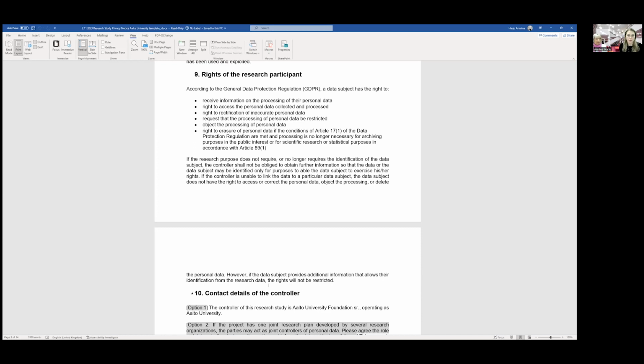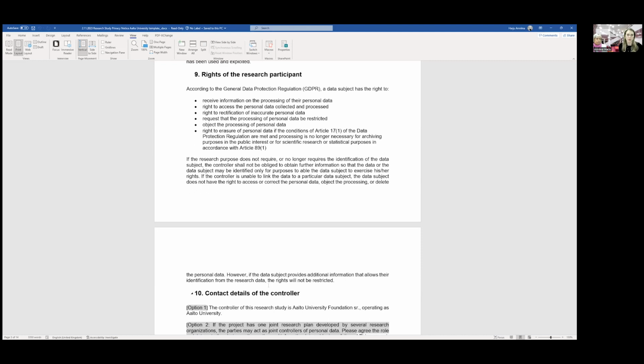In scientific research, we have a little bit better situation, because, for example, if someone withdraws their consent, we may still use the data collected up until that point for the research study. So we don't need to delete the entire data concerning that one participant who does not want to participate anymore.